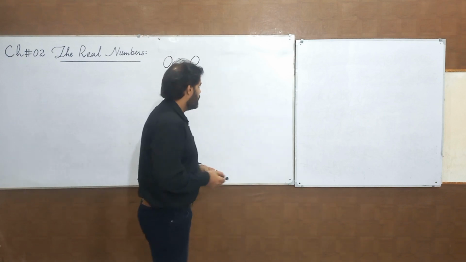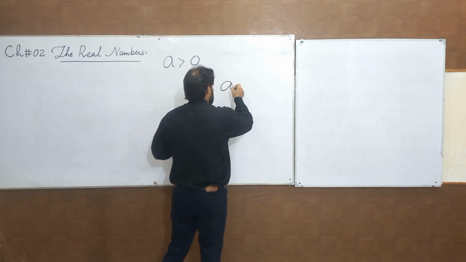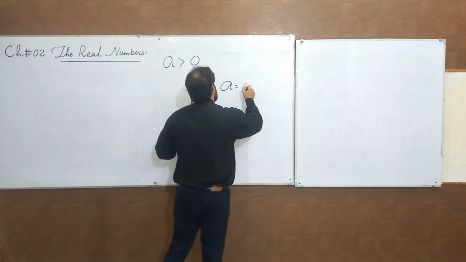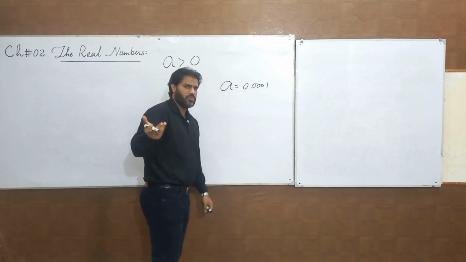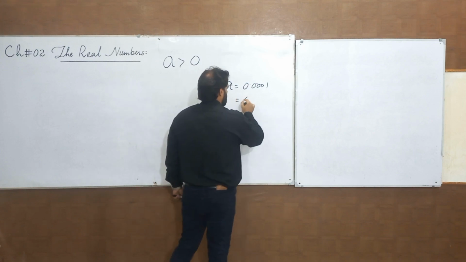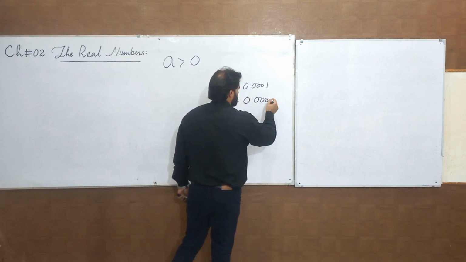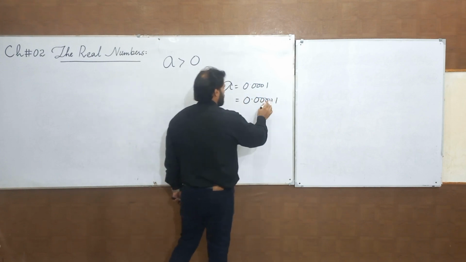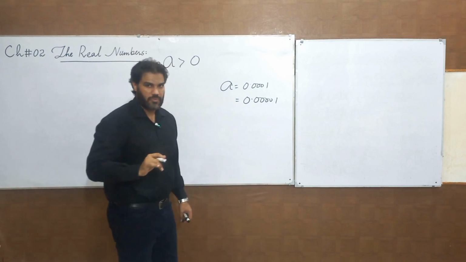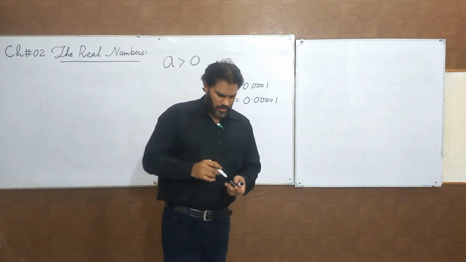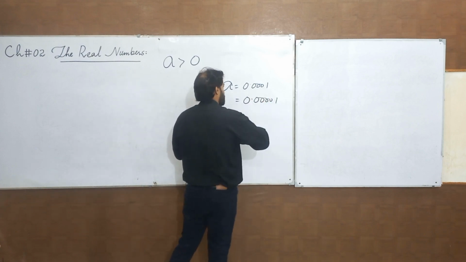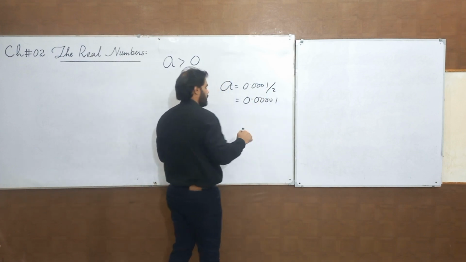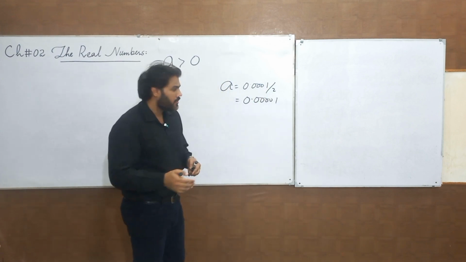Suppose someone says 0.0001 is the smallest positive real number. I can find another real number, 0.00001, which is smaller than the previous one. Simply, if I halve this, the next number will be smaller.